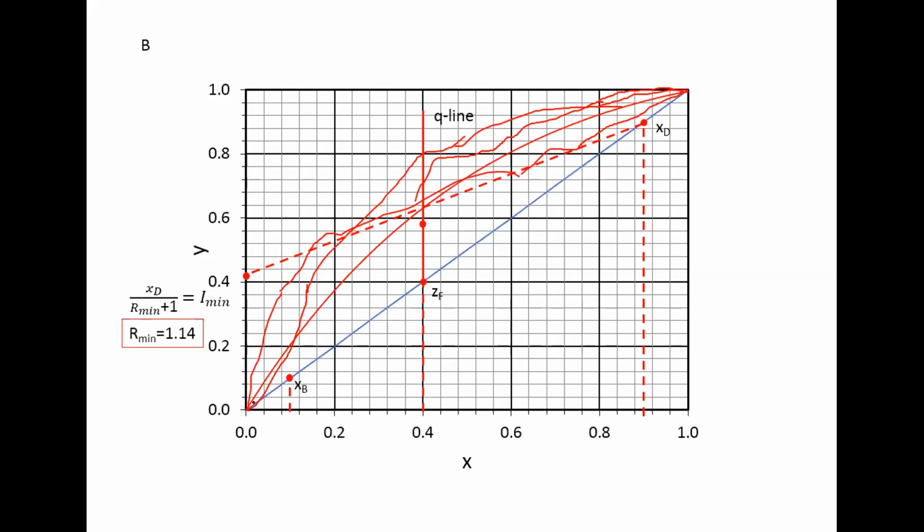Blackboard and whiteboard. Okay, so if you have the fat on the top, like this one, then the minimum reflux will depend on the stripping line. But if you have the slim top, slimmer, like this one.